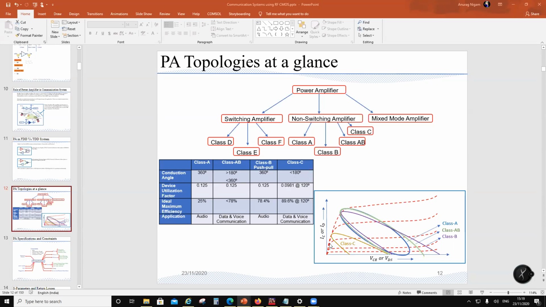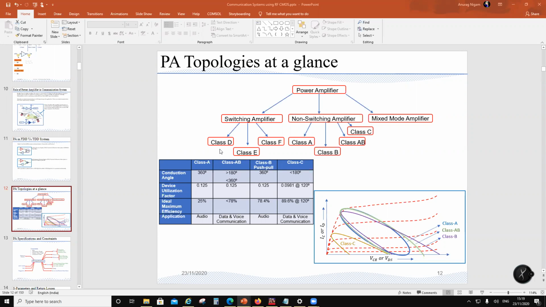Ideally, it will be 90s. So that's the efficiency with class C. But the problem here is you will not be able to put out power because you are cutting down the conduction angle, right? So this is what a non-switching amplifier or a linear amplifier is going to be, where the device is a voltage controlled current source.